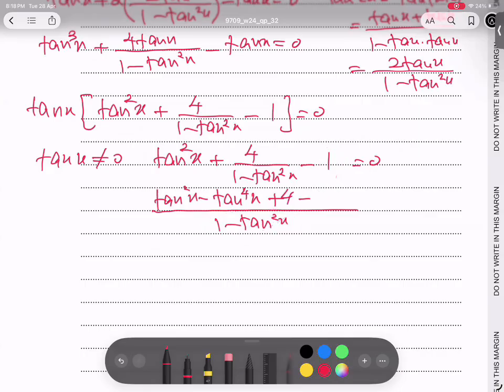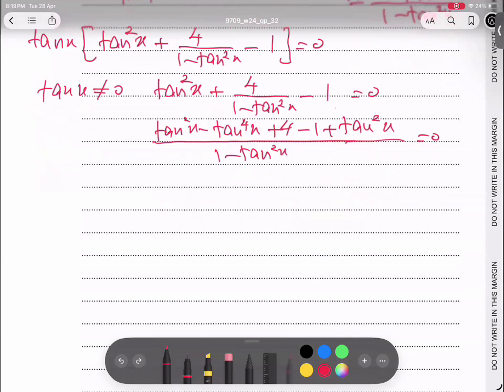I get a negative 1 and positive tan²x. Be careful, students, here is a chance of mistake, because this negative sign will change the signs as well. And this multiplied by 0 will finish automatically. In order, I'm getting negative tan⁴x, copying from here, and this will give us 2 tan²x, and these two values will give us positive 3, equals 0.